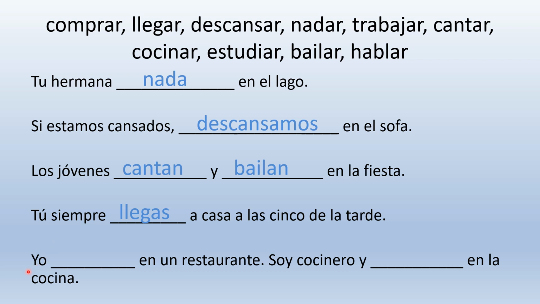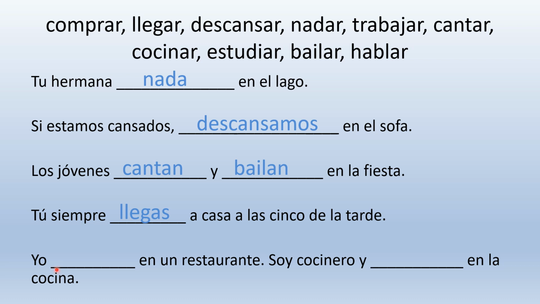And our last example here. Yo, blank, en un restaurante. I, blank, in a restaurant. Soy cocinero. I am a cook. Y, and, blank, en la cocina. In the kitchen.